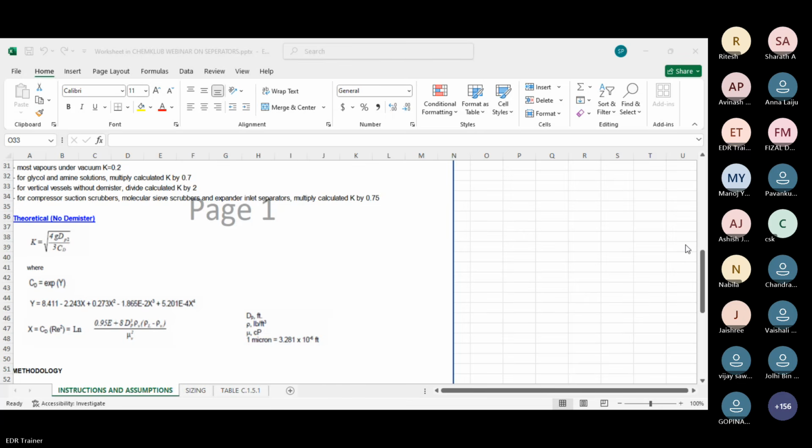When do we use a boot in the horizontal separator? For a horizontal separator boot, suppose you have vapor and liquid flow rates. Vapor has 20% of the total flow rate. Liquid has say 85% or 75% of your total flow rate. Only 5% is the second liquid flow rate. Suppose oil and gas are there, and oil and water are there, right?